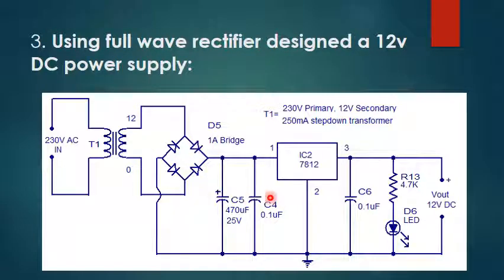Then it will flow through the capacitors C2, C5, C4, C6, as you can see. This phase is known as the rectification phase, and the other part is known as the smoothing phase, and in the end we will get the 12 volt DC voltage by using a full wave rectifier.